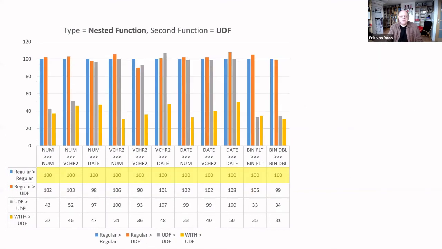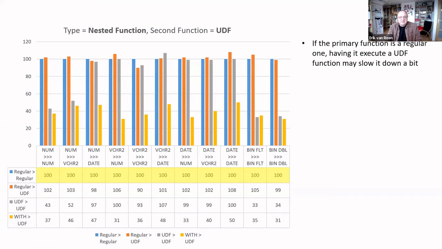So if the second function is a UDF function, if we do that, then we see that calling it from a first function regular, then there is no performance gain. If your first function is regular, then the second function UDF, no performance gain. If both are UDF, we see similar results as before. And with clause calling a UDF function, again, similar results as before.